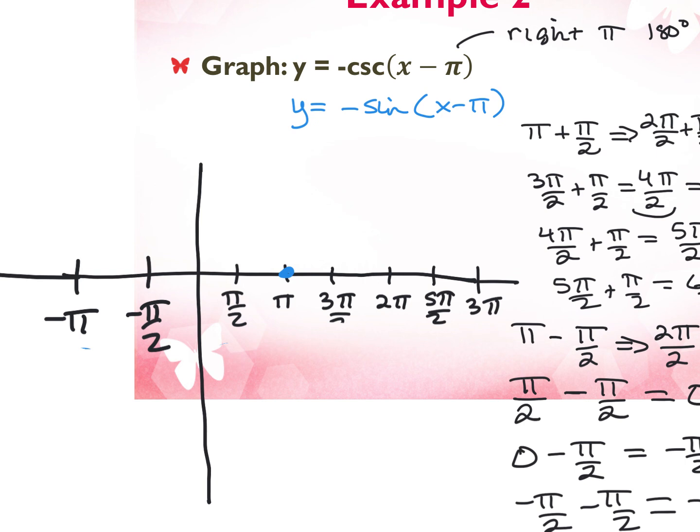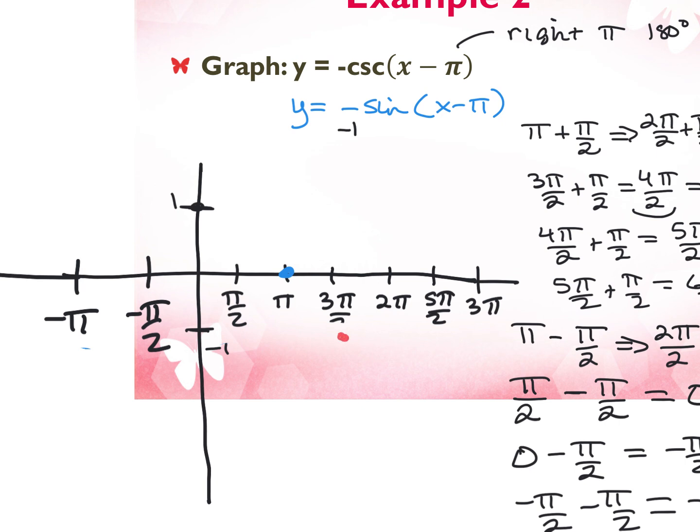Let me add in my amplitude as well. Again, you could have thought of this as a -1, but I'm going to put a +1 here and a -1 here. So from 0, 0, the sine graph usually moves to 1, but it's going to move to the amplitude. So it's going to go to -1 after the pi.